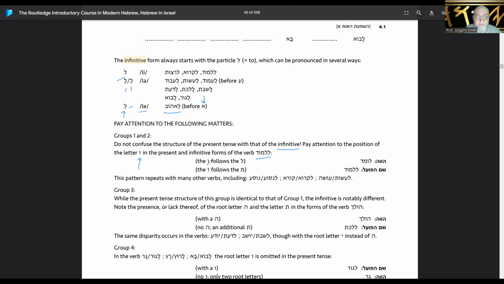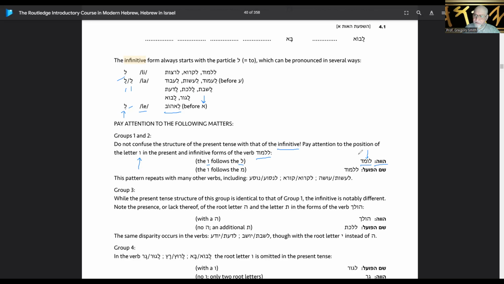The vav follows the lamed. So we have hoveh in the present tense, we have lomed. Technically, this vav is transformed into a holem, which is a vowel, like a mother of reading form.